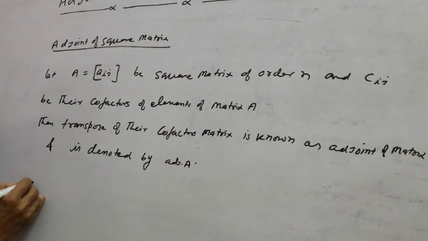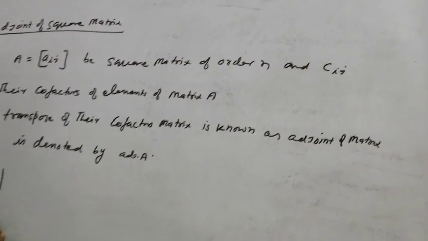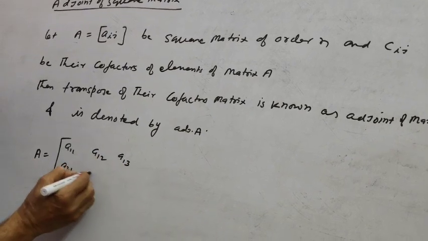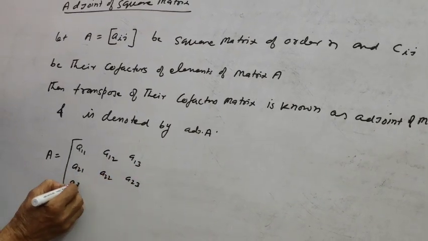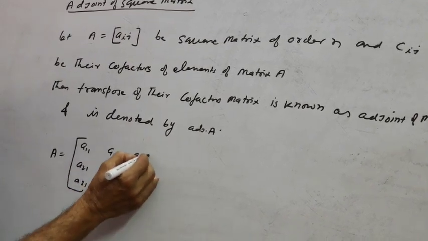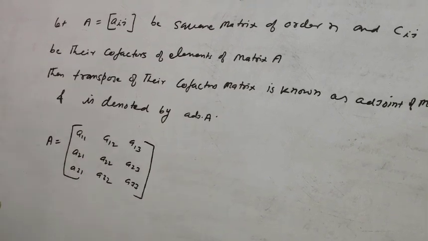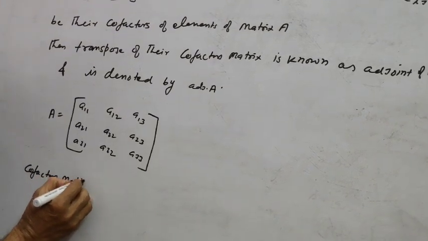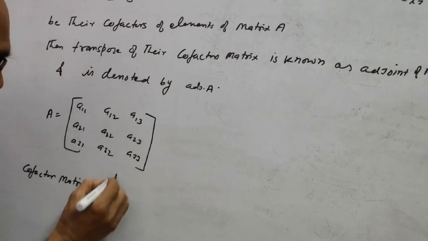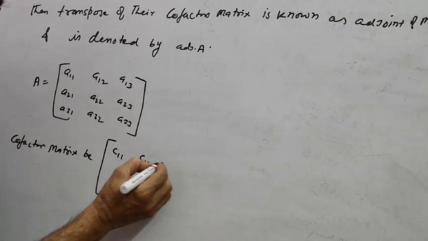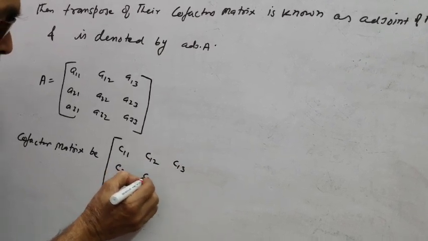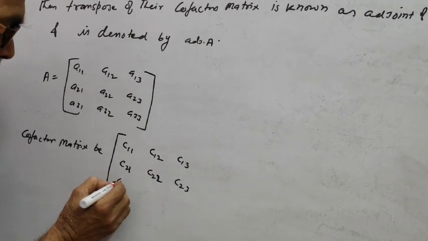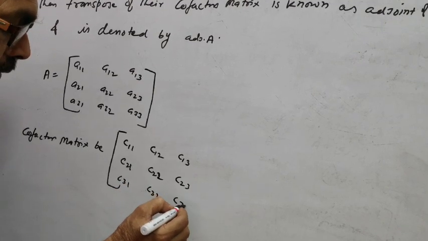Suppose A is a square matrix of third order with elements A11, A12, A13, A21, A22, A23, A31, A32, A33, and let their cofactor matrix be C11, C12, C13, C21, C22, C23, C31, C32, C33.